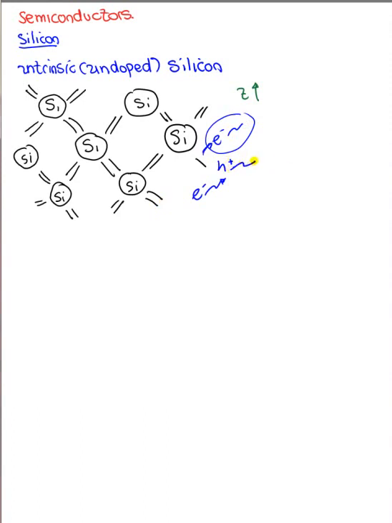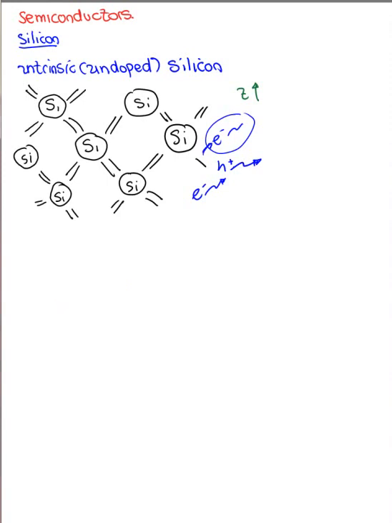So that's a hole that is charged positively and is walking around. And that electron is going to bump another electron from another atom, and then that other electron is, at some point, going to come fill that hole. So you get electrons and holes moving around.